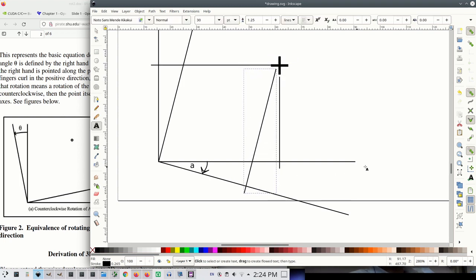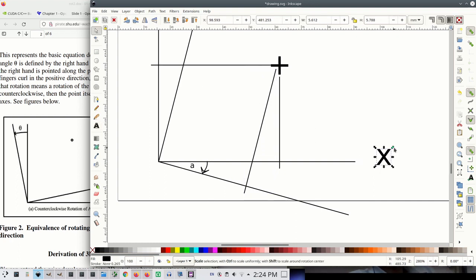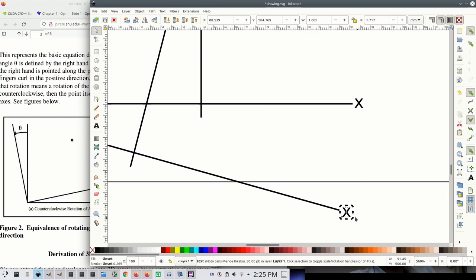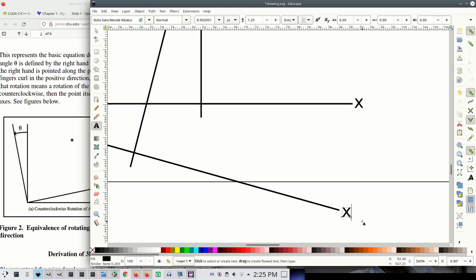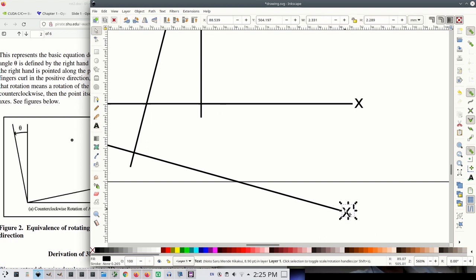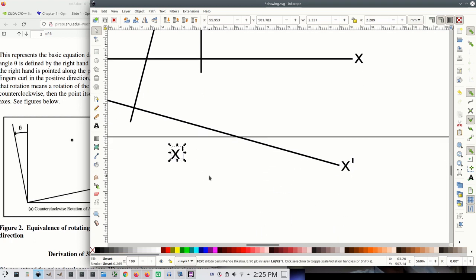So this here is our x-axis, and this here is our rotated x-axis. We indicate that it's rotated by adding a prime to it, which is just convenient to type. You could put a subscript, but this single quote is on the keyboard, and I don't have to do anything. It's easy.